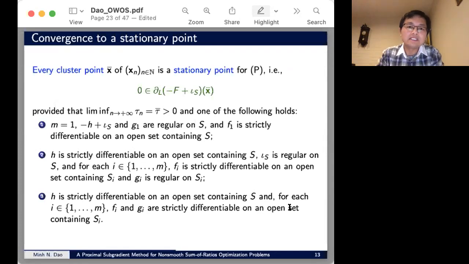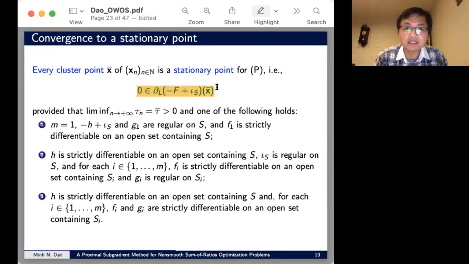So if one of the three following conditions holds, then every cluster point of the sequence xn is a stationary point of problem P. So here is the definition of stationary point.